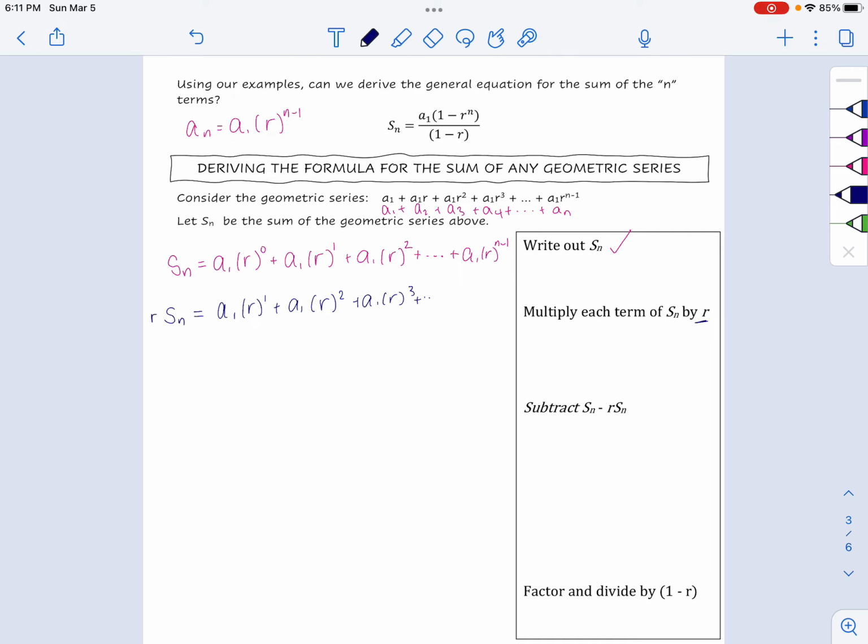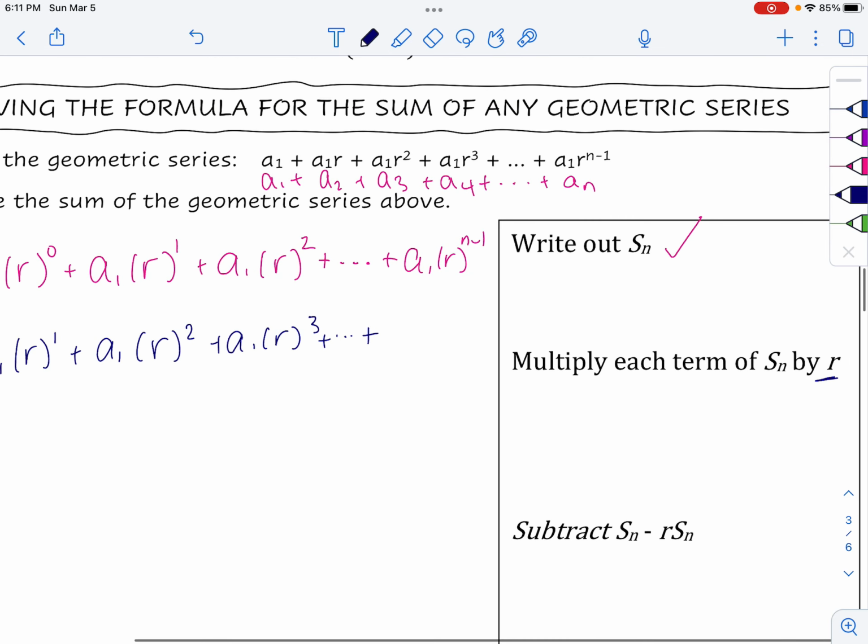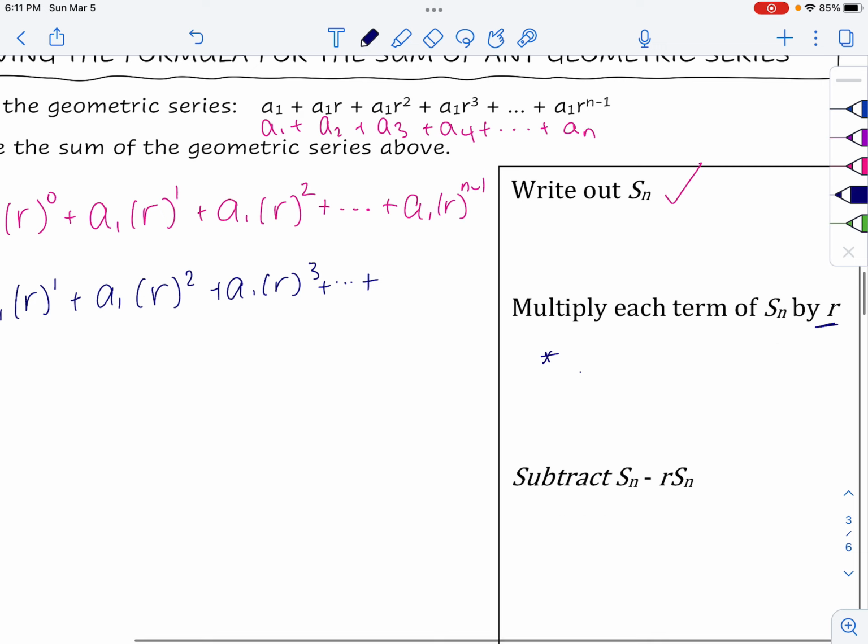All the way up to, now, this one. I am multiplying a sub 1 times r to the n minus 1. And let me actually do this over here. A little side note. When I multiply a1 r to the n minus 1 power times another r, remember I have these two bases, which I can condense into one by adding their exponents.